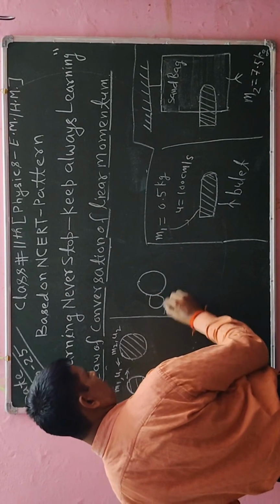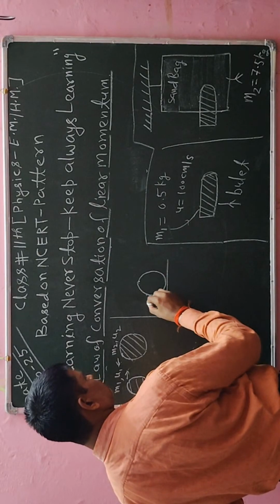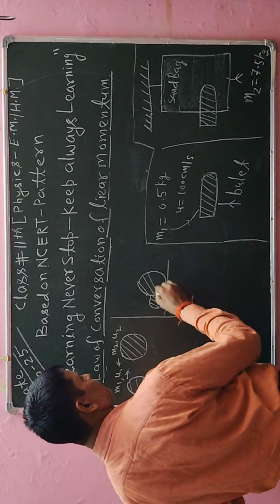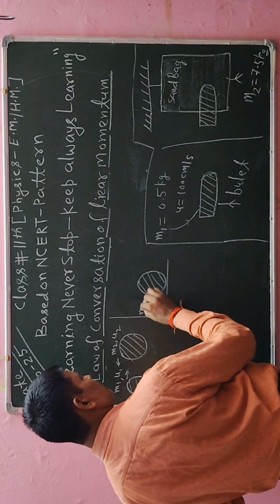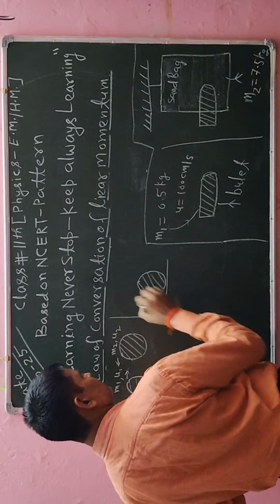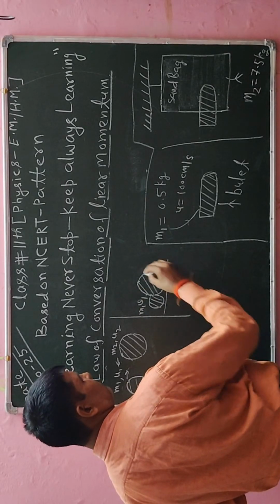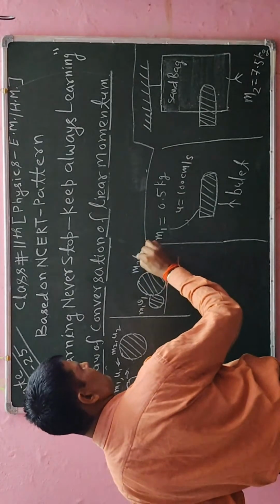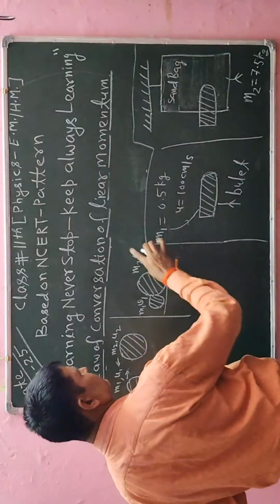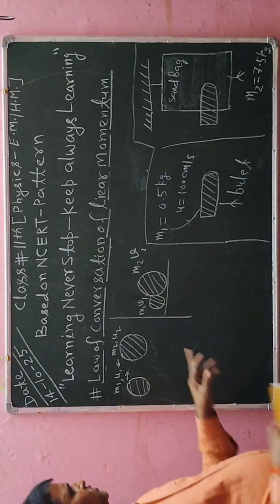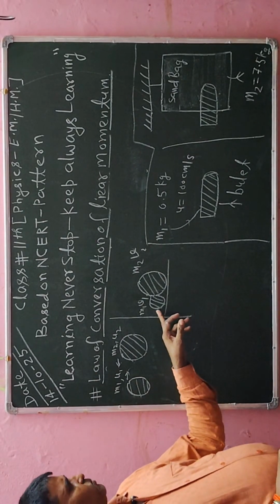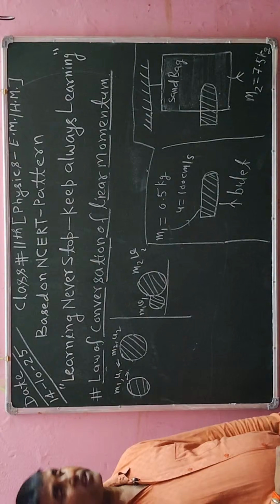After collision I will say both objects will have the same mass, m1, and its velocity will be v1, and the other will have the same mass m2, and its velocity will also be v2, because there is no change in mass. But velocity can change. Okay, student.